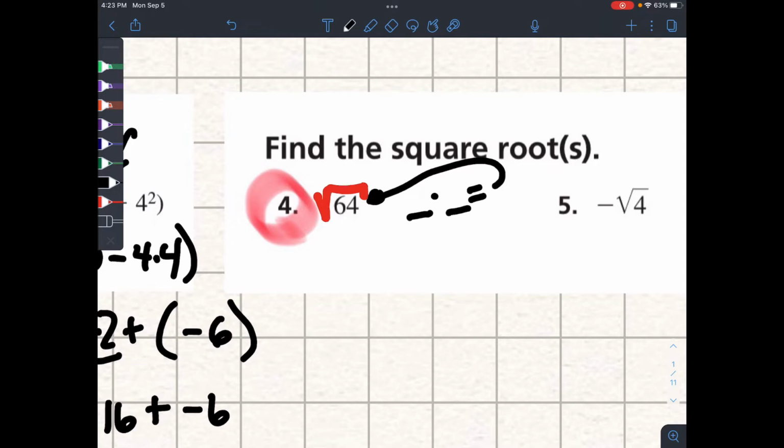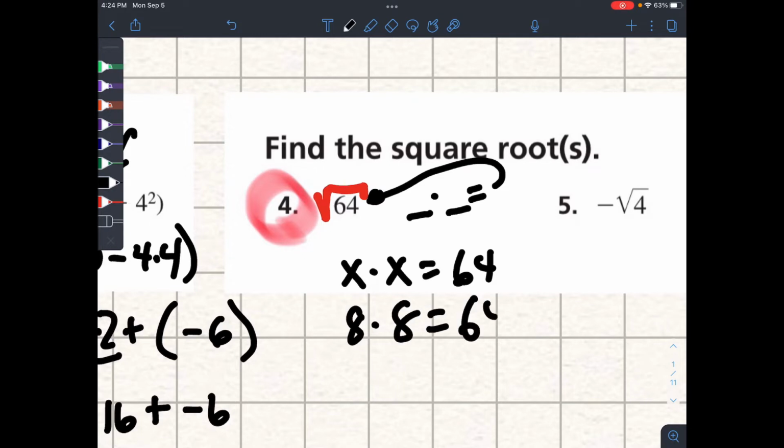Right? So if I can write it this way, x times x equals 64. Well, you can do this by trial and error. You might remember that there are special numbers, squares of numbers, and you might remember that 8 times 8 is 64. So the square root of 64 is 8.